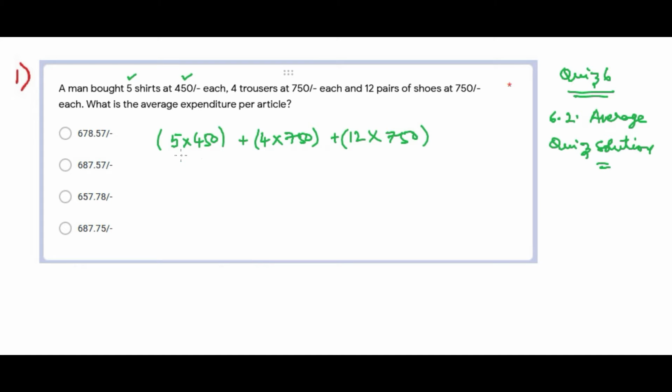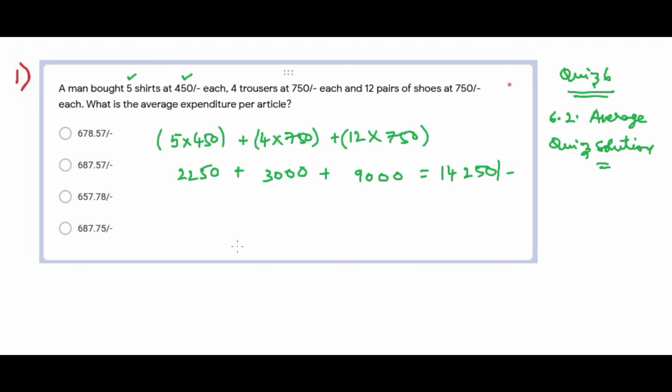Now let me multiply and add these things. 5 fours are 20, 5 into 450 is 2250, plus 4 into 750 is 3000, and 12 into 750 is 9000. So finally it will be equal to 14,250 rupees.